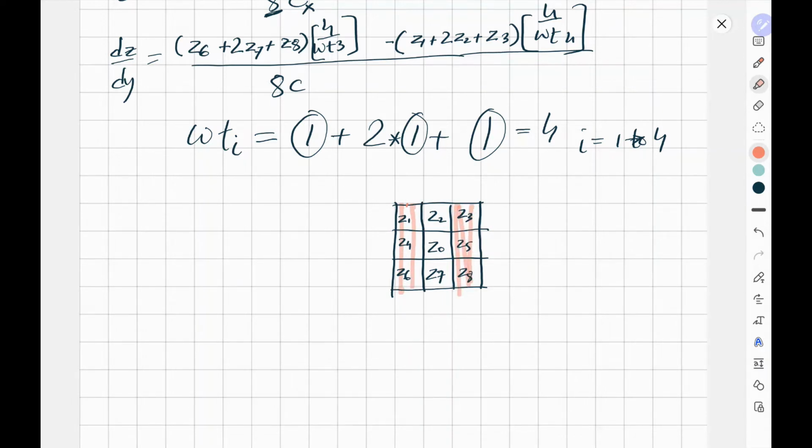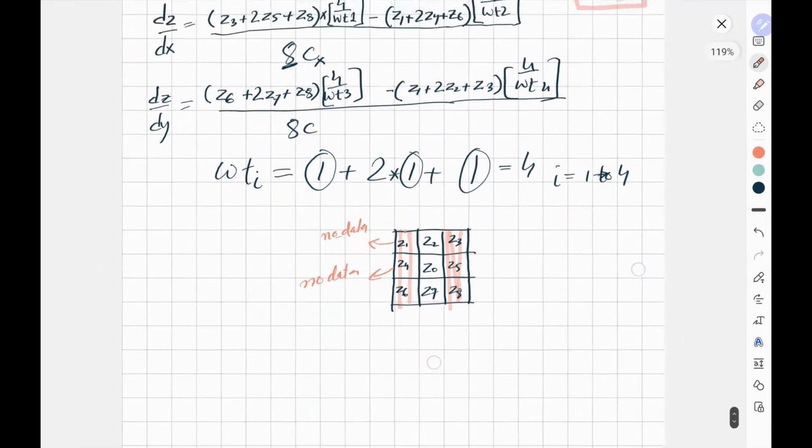And suppose I have this z1 as no data. So in this case, how will my formula become? And also suppose that z4 is also no data. Suppose only these two are no data.